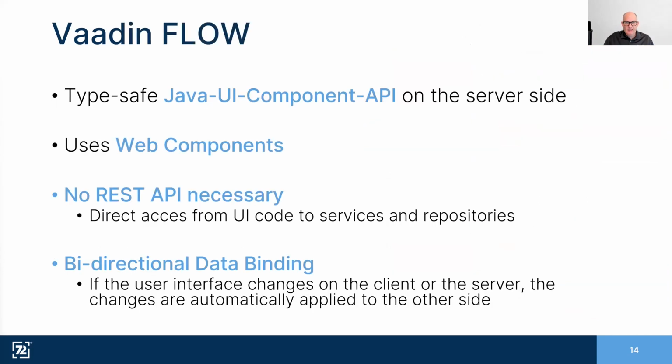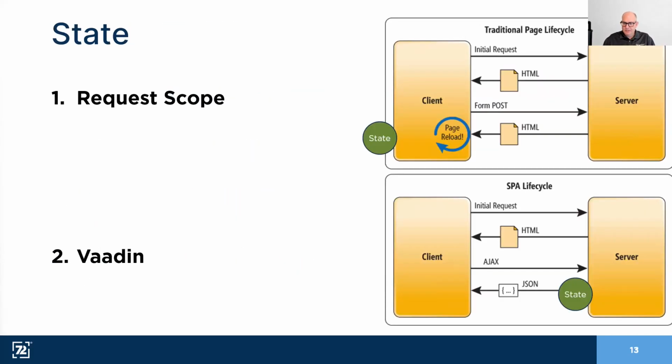We could also speak of a client-server application, because it's the same model as you have with a Swing or JavaFX application. When we have a look at the lower image, we see that the state for a Vaadin Flow application is on the server. Why is that? The idea is that you have a server-side programming model, but with all the benefits of a client programming model.